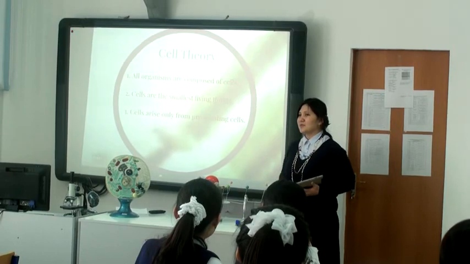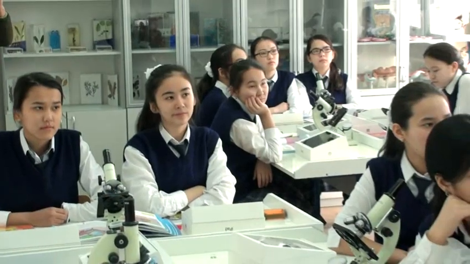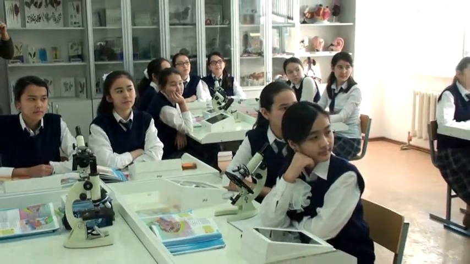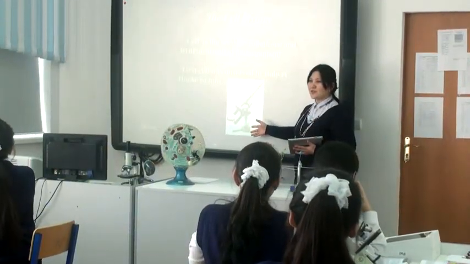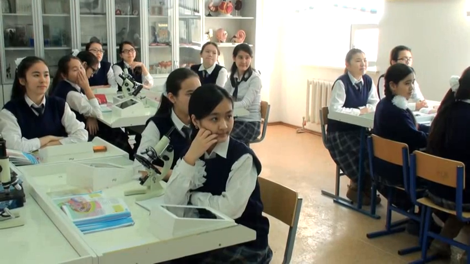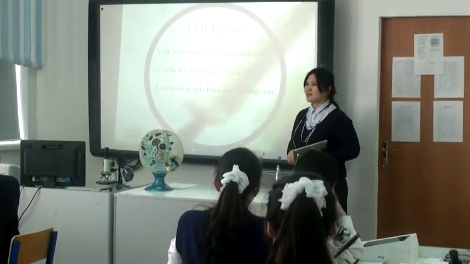And there were some scientists who proposed theories. From this picture you can see one of the first microscopes, which Robert Hooke discovered. Now there are some scientists who made the theories according to the cell.